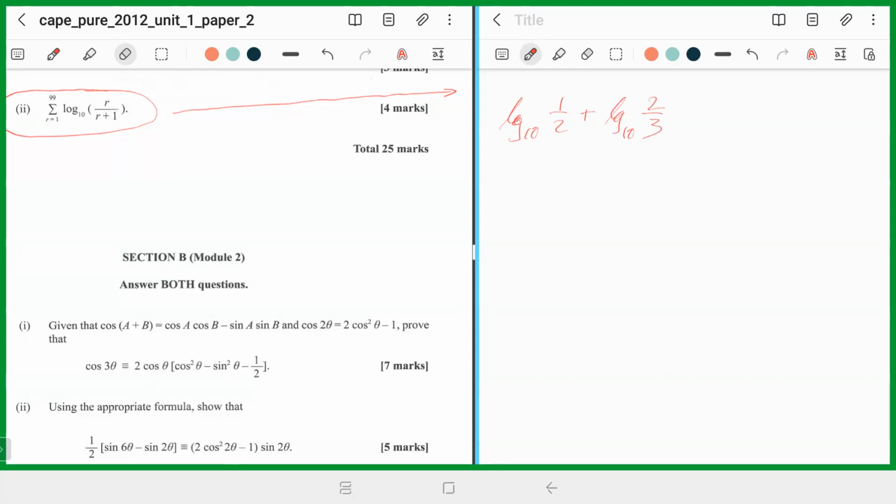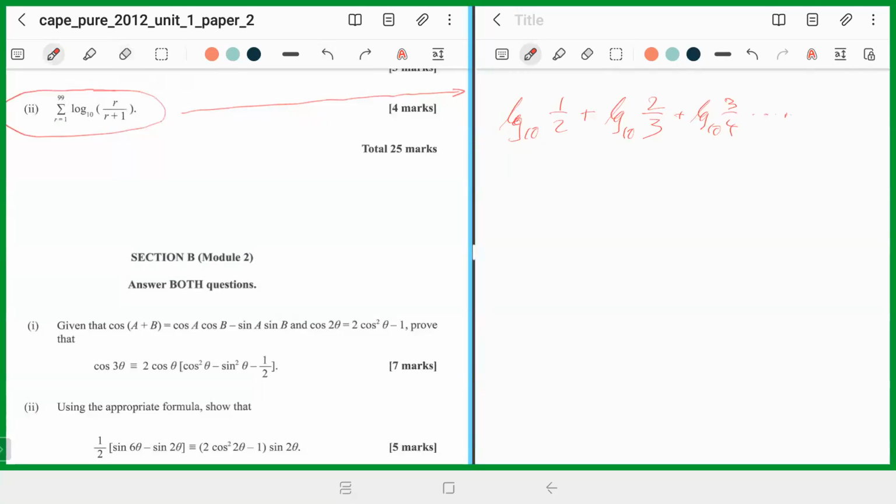You plug in the 3, you get plus log to base 10 of 3 over 4. And it continues all the way up until you reach 99. So the last value is log to base 10 of 99 over 100.